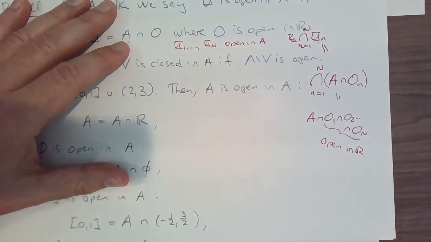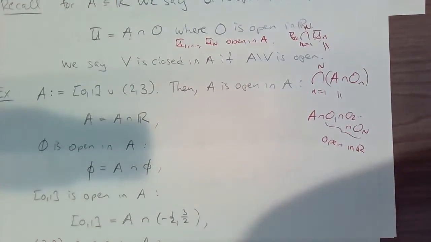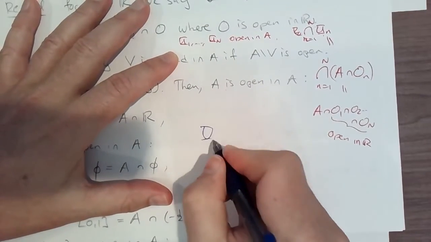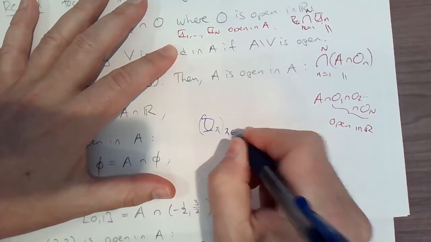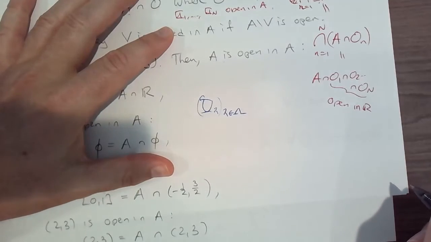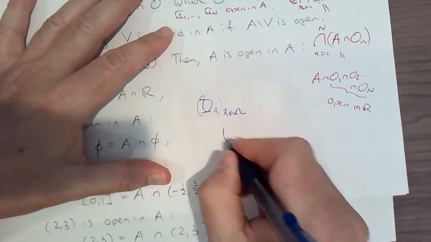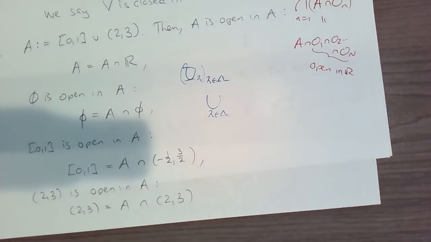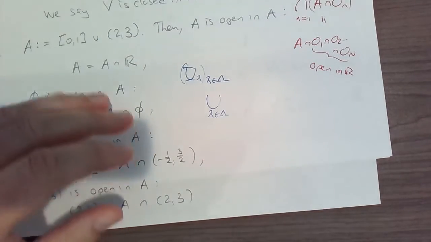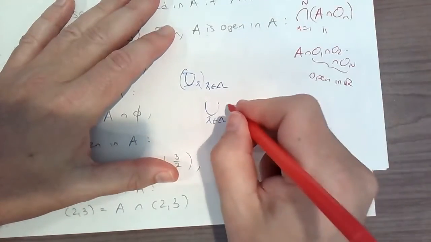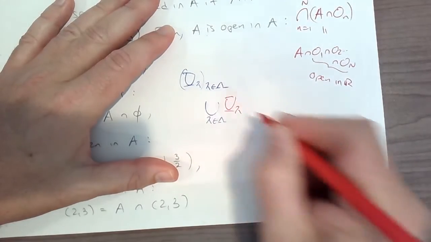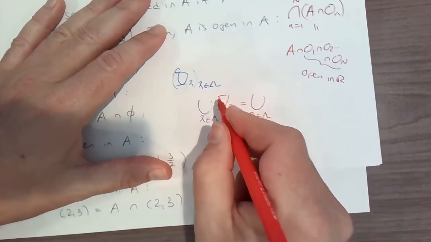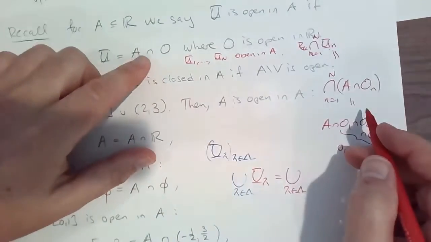And likewise, I could do exactly the same thing if I took an arbitrary collection, call those U lambda, then what I want is an arbitrary union. My tool here is not writing properly. So I take an arbitrary union of U lambdas. What I'll be able to write is that each of the sets has the same form as what is listed.